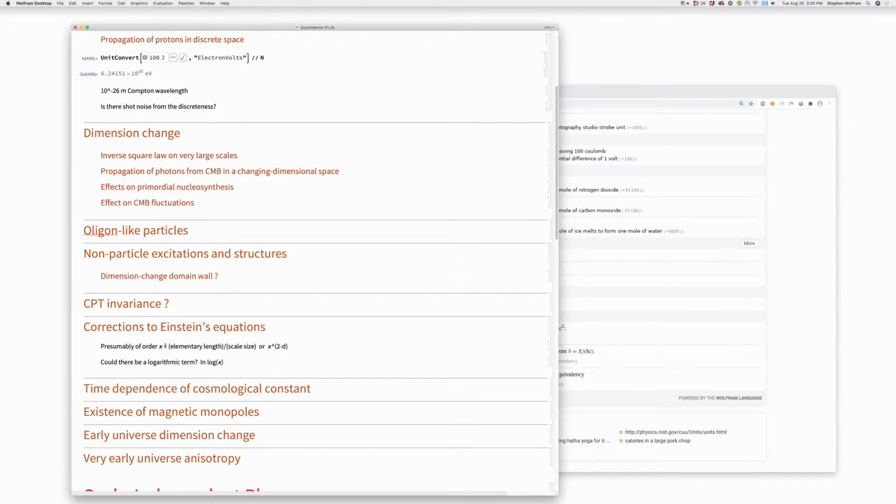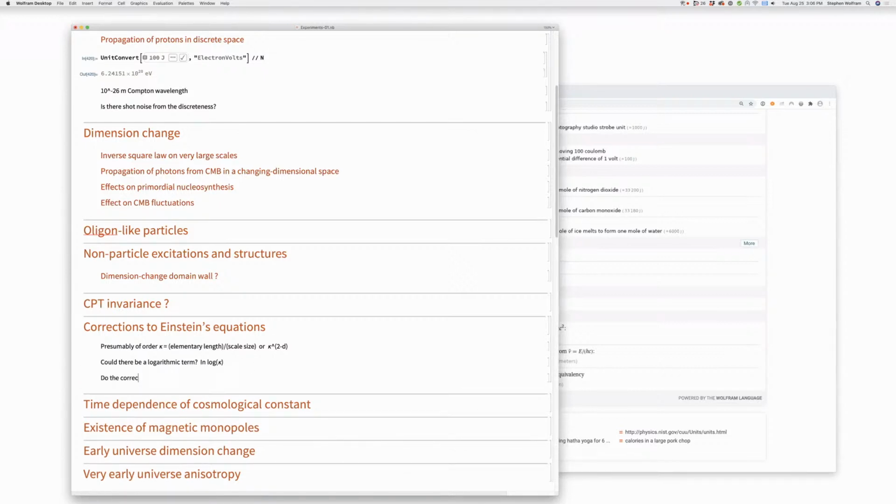The question is, is there a place where you see this? Clearly, let's talk about singularities for a second. Do these corrections imply the non-formation of singularities? Okay, Jose, do you have any comments on this? I was thinking about evaporation.